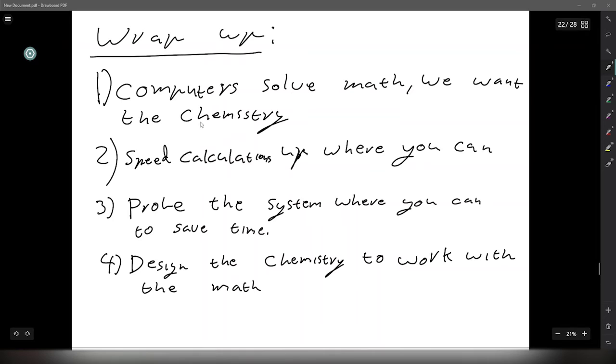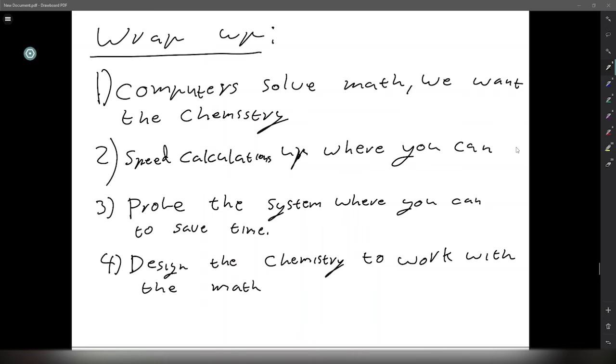To wrap this all up, computers solve maths. We want chemistry. What I mean by this is, at the end of the day, the computer's going to treat all of these like a maths problem. It's going to try and find the solution, and what it actually represents, we don't technically want the solution. We want the most chemically correct solution. So the difference between what we want and what the computer wants is going to cause quite a bit of issue.